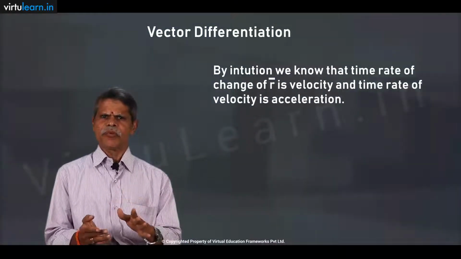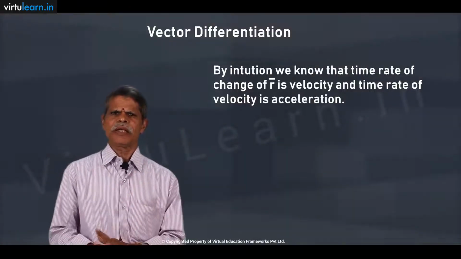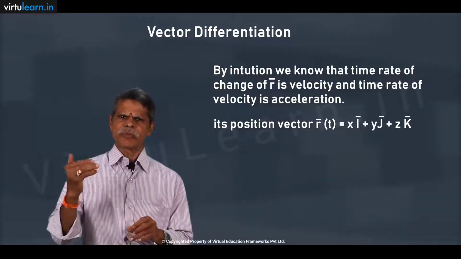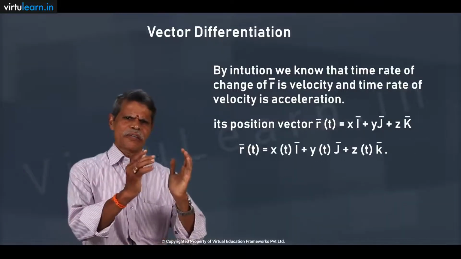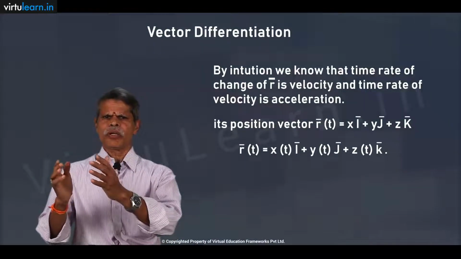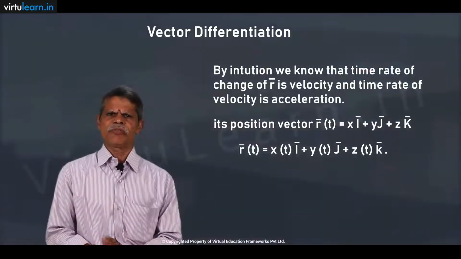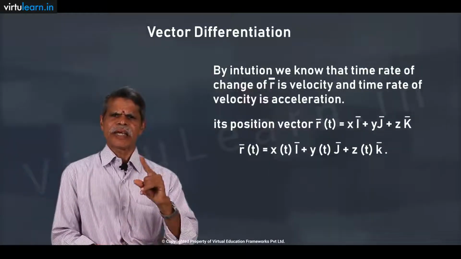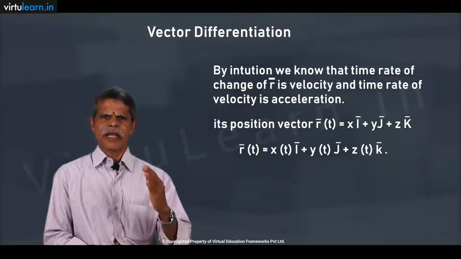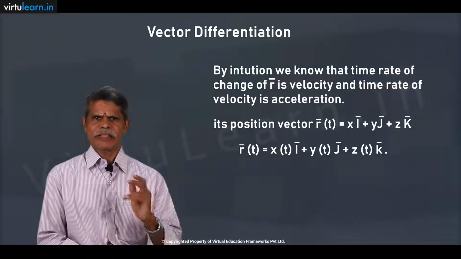When the particle is moving, and if x, y, z are the coordinates of the moving particle, then r bar can be written as x i bar plus y j bar plus z k bar, or r bar as a function of t is equal to x of t into i bar plus y of t into j bar plus z of t into k bar. Its time rate is going to give the velocity vector, and the time rate of change of velocity is going to give the acceleration vector.